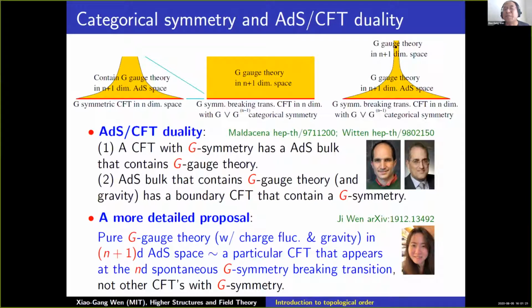As we go further to infinity, we get a bulk gapped theory, which is a pure gauge theory. So this is a combination of these two pictures. This is the AdS/CFT connection. The bottom line is that maybe this emergent maximal categorical symmetry carries a lot of information. Maybe we can use that to classify and characterize gapless systems. Okay, that's all. Thank you.